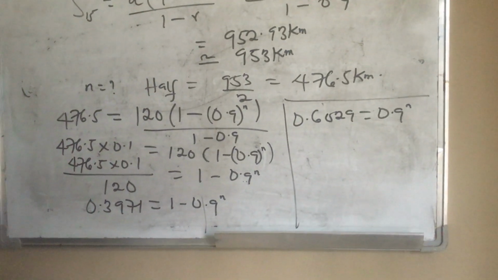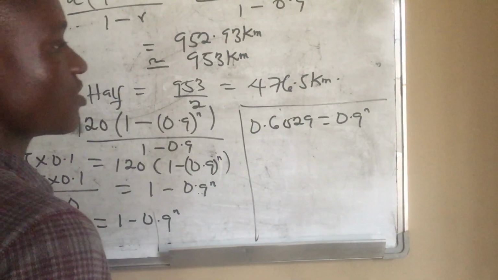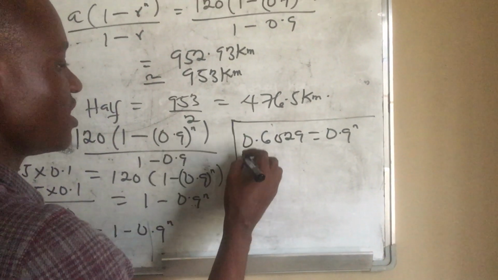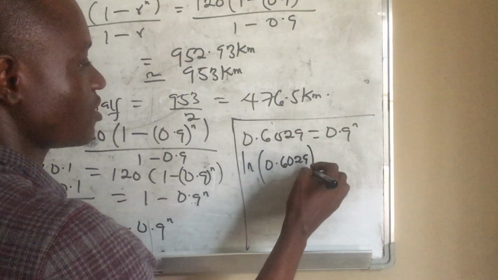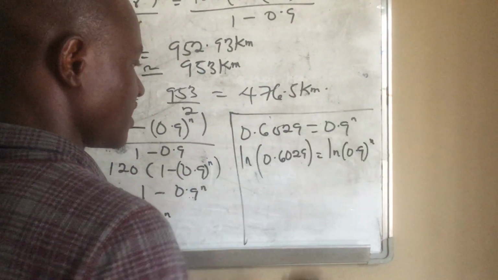Now when we arrive at this junction, how do we proceed? Just introduce your natural log. We take ln of both sides. We say ln in bracket 0.6029 equals ln 0.9 raised to power n.